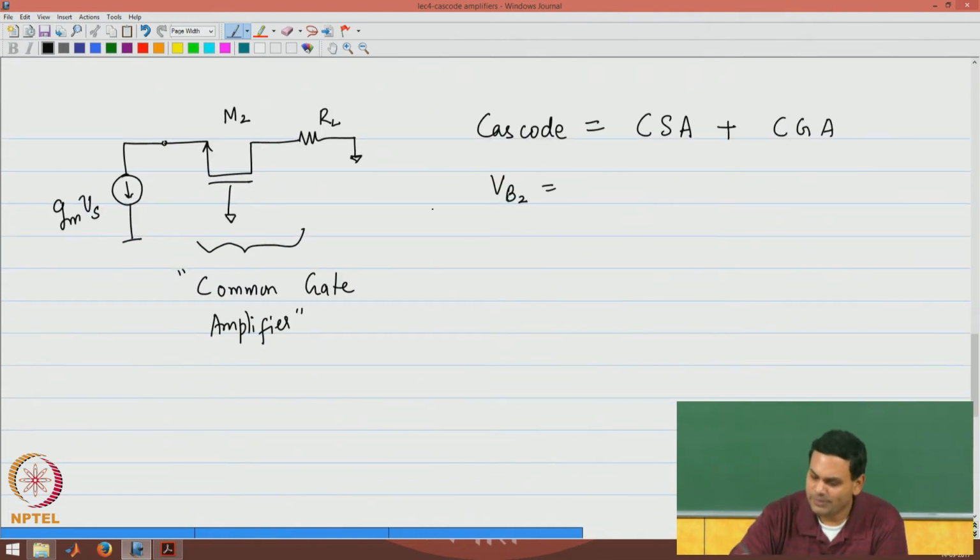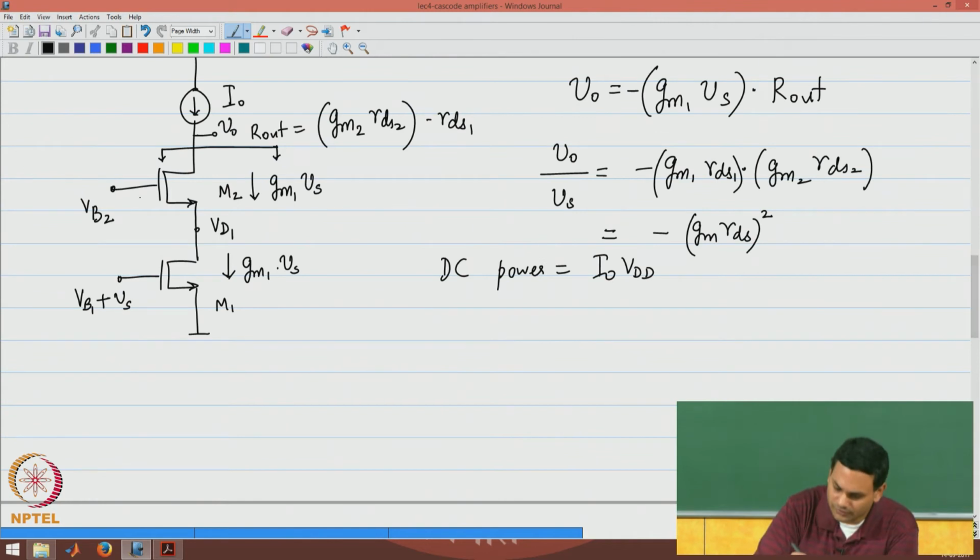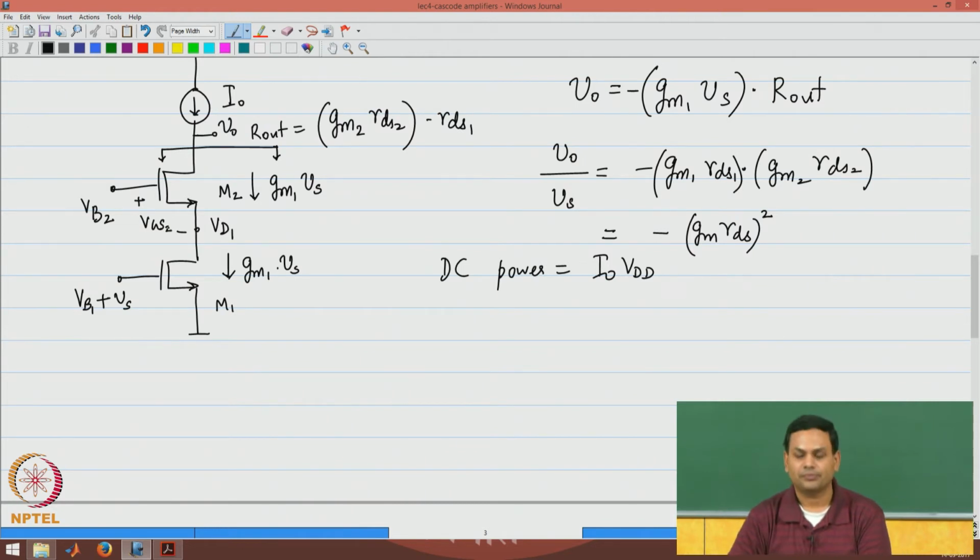So, VB2 is nothing but VD1 plus VGS2. In other words, I am applying KVL around that loop. So, what does that mean?